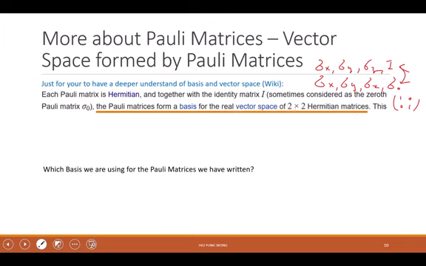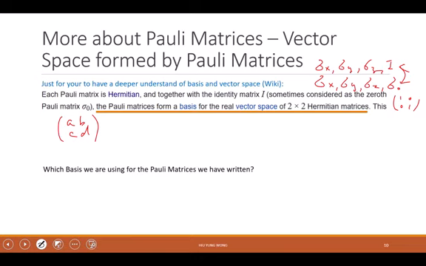What does it mean? Basically, it is saying that any Hermitian matrix, we have not learned that, right?